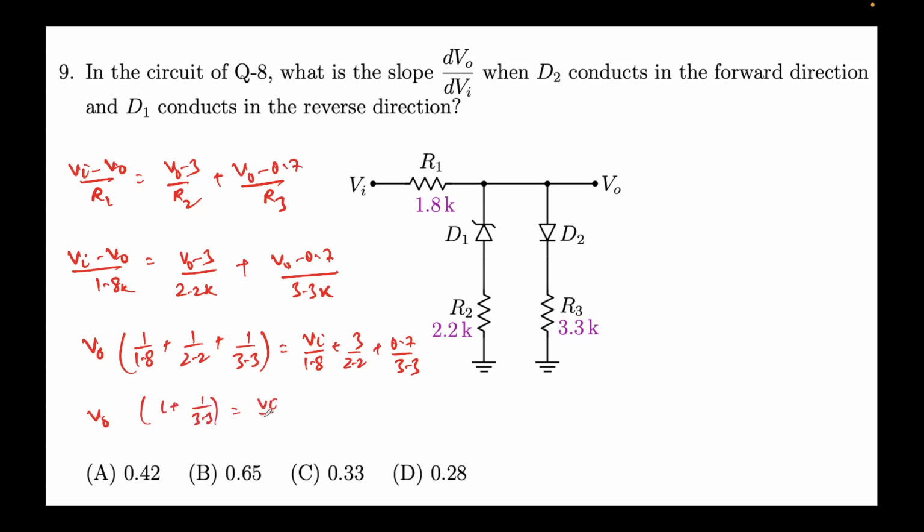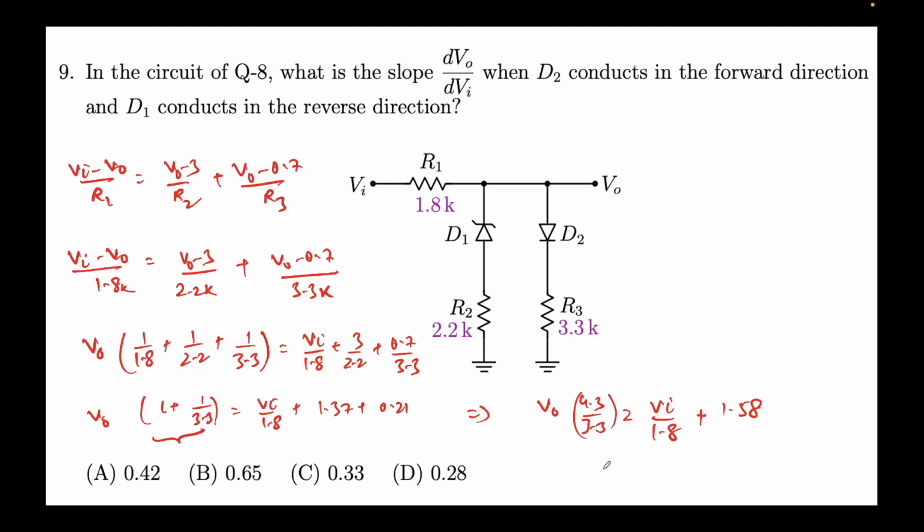This is Vi by 1.8. Let's solve the constant term also. 3 by 2.2 is 1.37, and 0.7 by 3.3 will come out to be 0.21. Okay, so now let's solve this term also. So this will come out to be V0 times 4.3 by 3.3, equal to Vi by 1.8 plus 1.58.